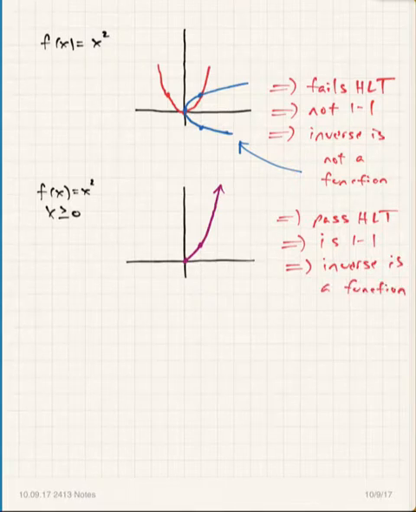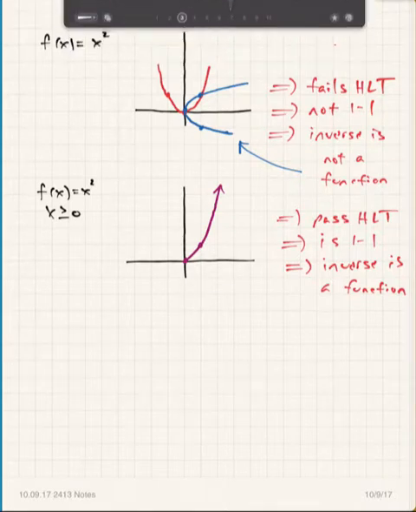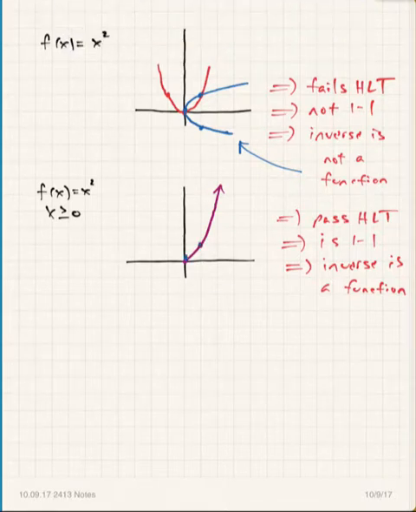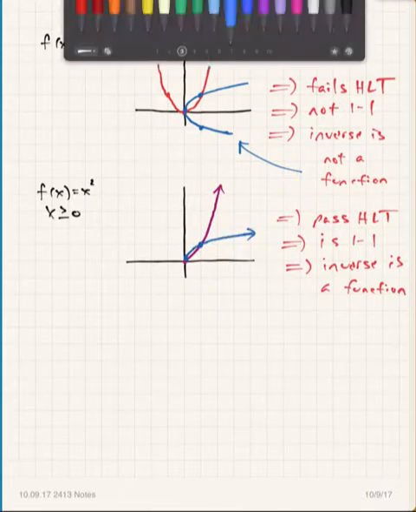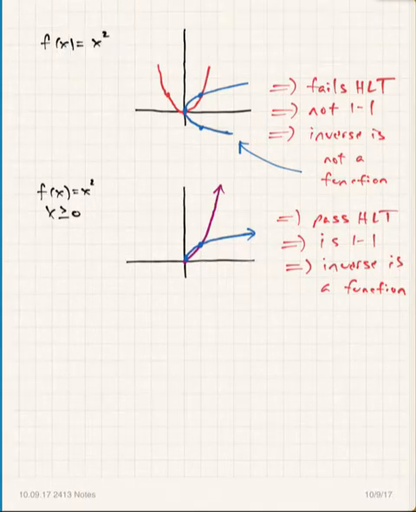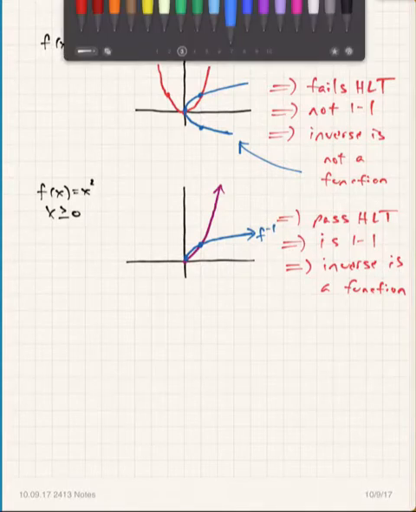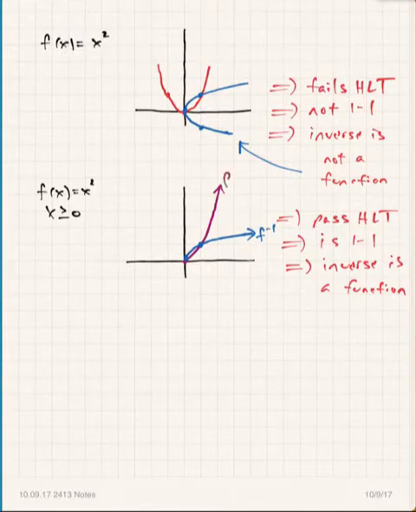In fact, if we drew the graph that was the mirror image, we get that particular graph, and you can see that that's f inverse right there, and this is the graph of f right here. So f inverse clearly is a function in this case.